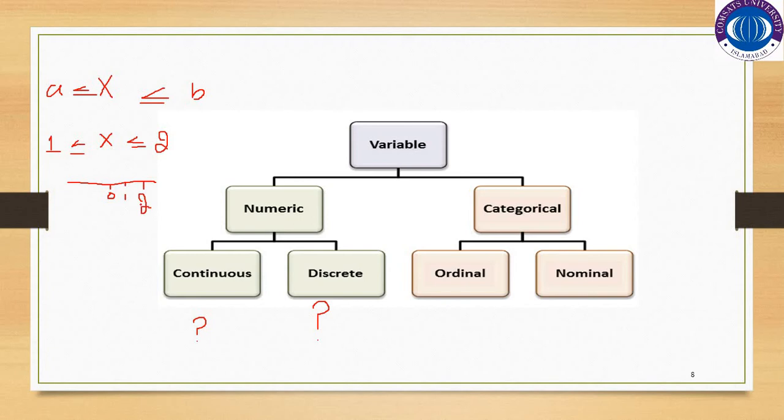So if your variable is continuous, it will take each and every value between these 2 points, 1 and 2. But if your variable is discrete, then discrete means something which is countable. It always contains a whole number.